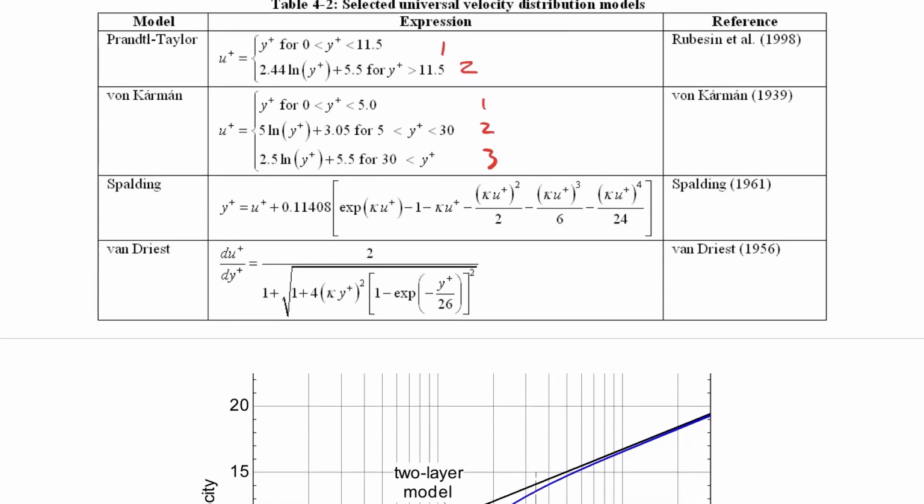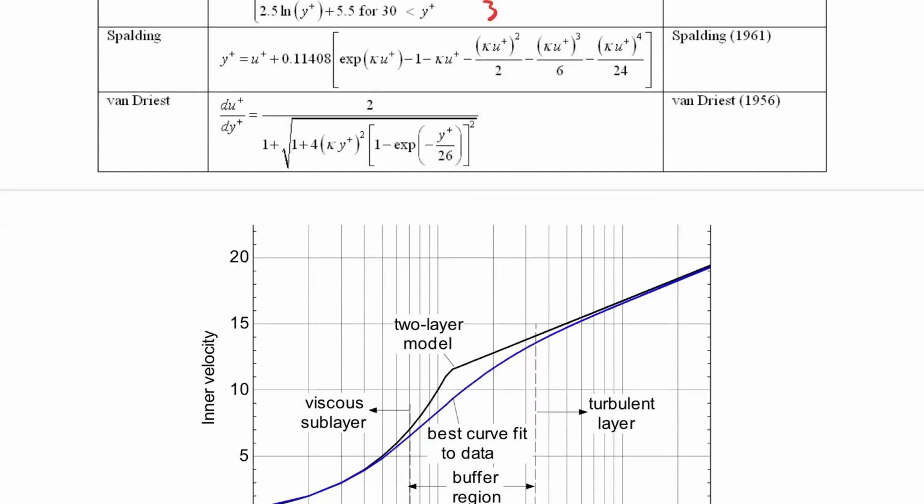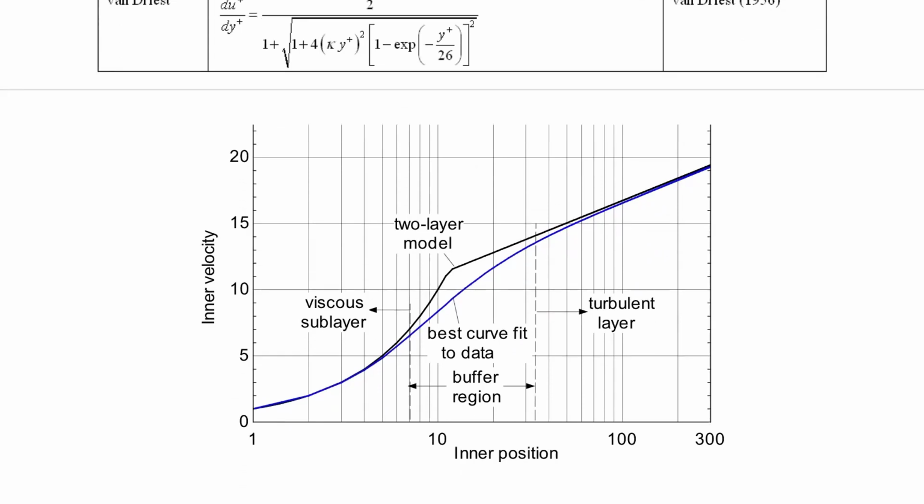But what I want to point out is, our Prandtl-Taylor model tells us there are two regions where we're going to try to fit a velocity profile. Our first region is from 0 to 11.5, that's this region here. In that region, we have a constant velocity profile, which is linear, but on a log plot it looks like this.